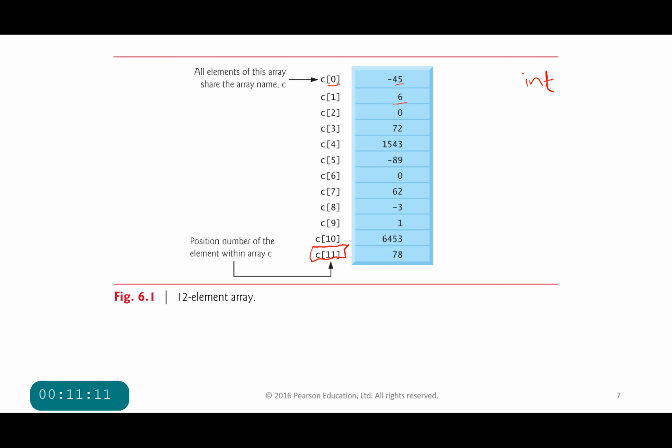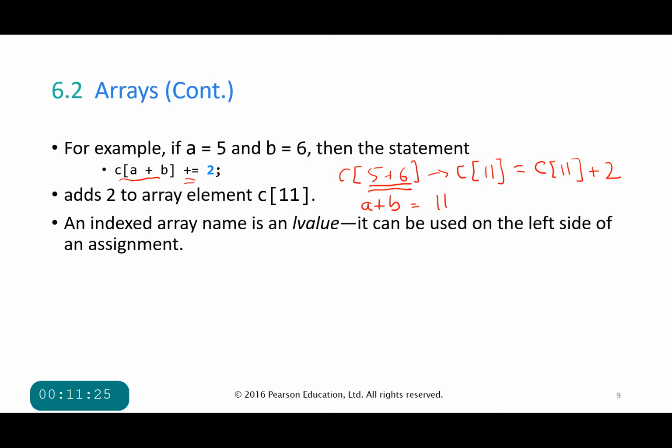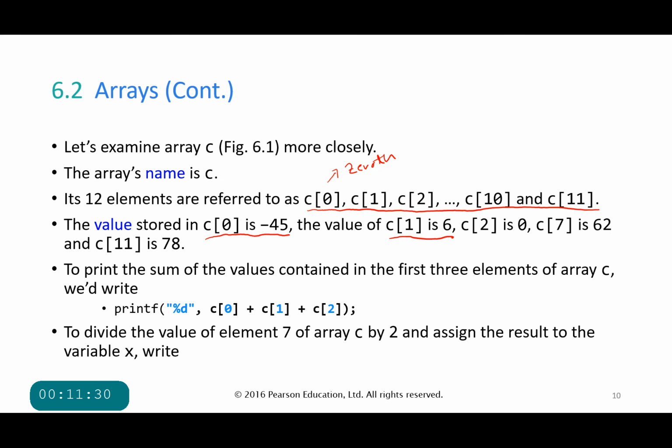I read that wrong in the previous slide. C[1] is 6, C[2] is 0, and C[11] is 78. So you have the name of the array, the size of the array, the index number, and then the values contained inside the different locations of an array.